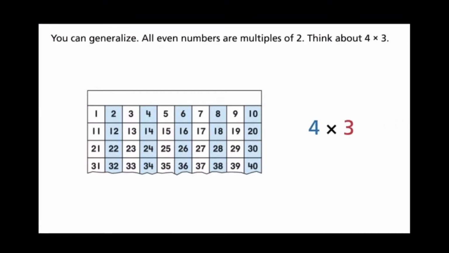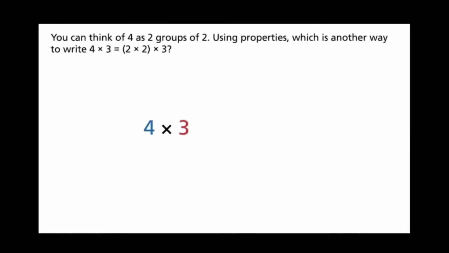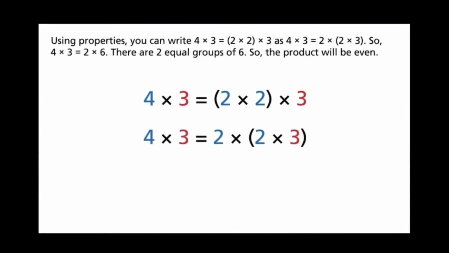Think about 4 times 3. You can think of 4 as two groups of 2. Using properties, another way to write 4 times 3 is 2 times 2 times 3. That gives 2 times 6, so 4 times 3 equals 2 times 6.